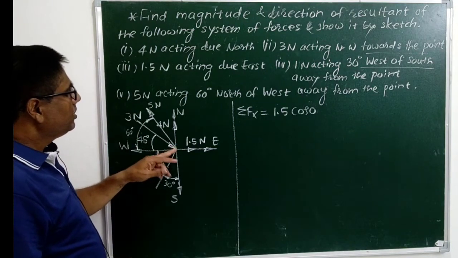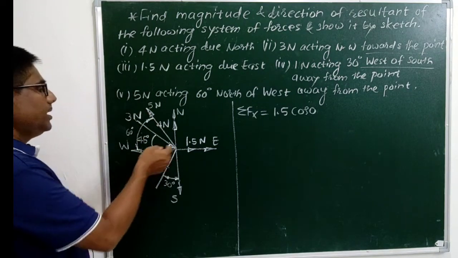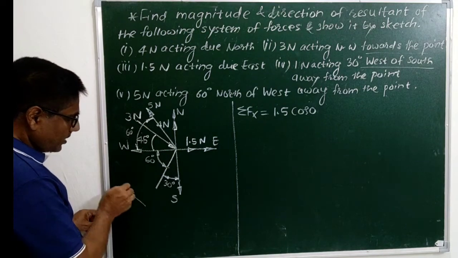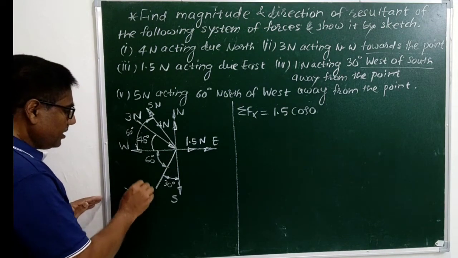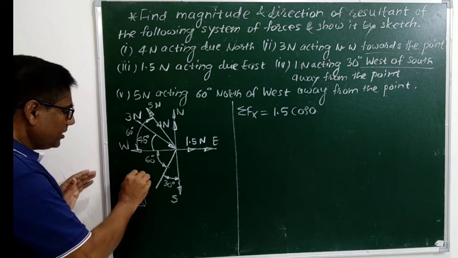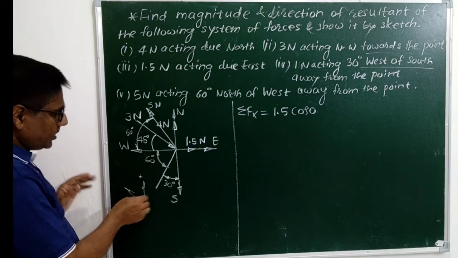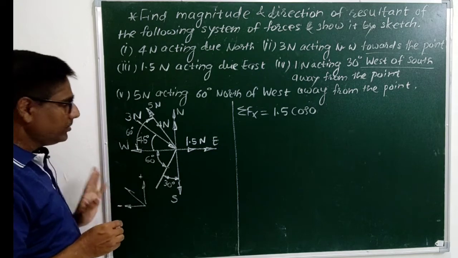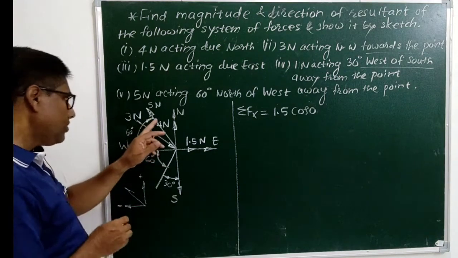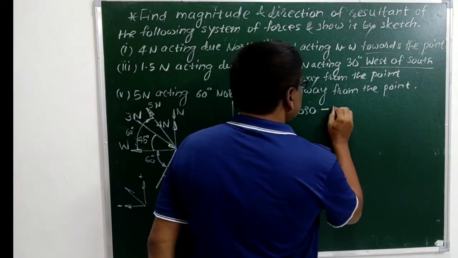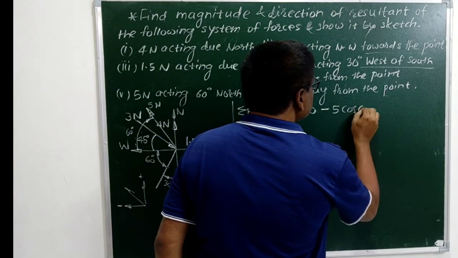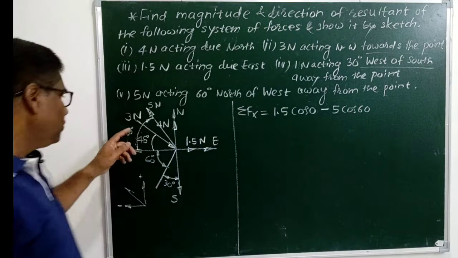It is pull type of force, and as it is in second quadrant, its horizontal component will act towards left, vertical component will act upward, it will be positive vertical component, and horizontal component will be negative. 5 cos of this angle 60, minus 5 cos 60.